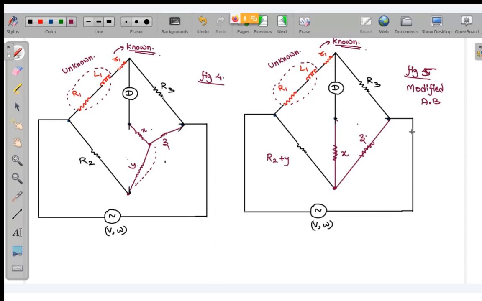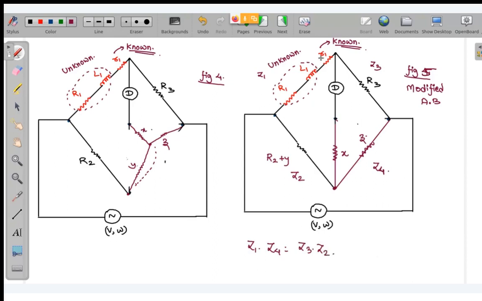So now, for the bridge to be balanced, we know the condition. Let this be Z1, this be Z3, this be Z2, and this be Z4. So we know Z1 into Z4 should be equal to Z3 into Z2.